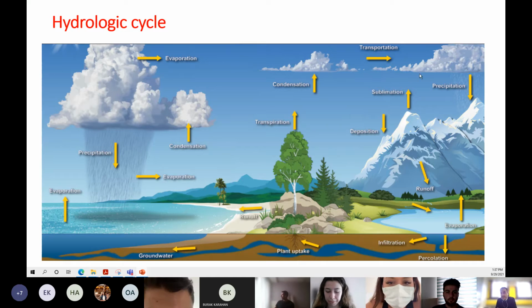And at the level, like here, let's continue, at the level where the atmosphere is cold enough, again extra condensation creates raindrops. Or even if it is too cold, it creates snowflakes, and we will have the precipitation process. So now we know condensation, evaporation, and precipitation.